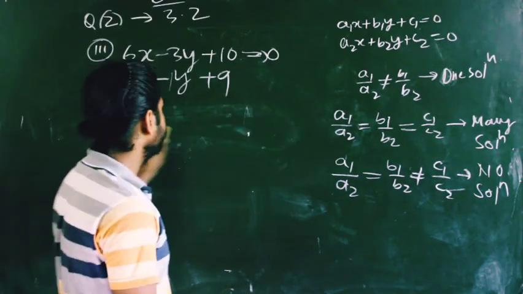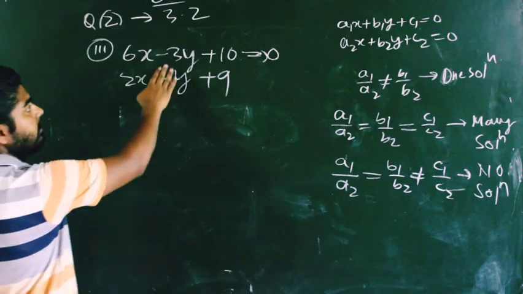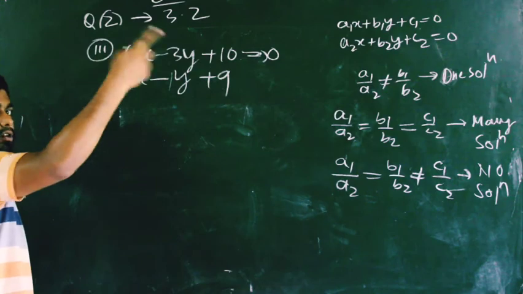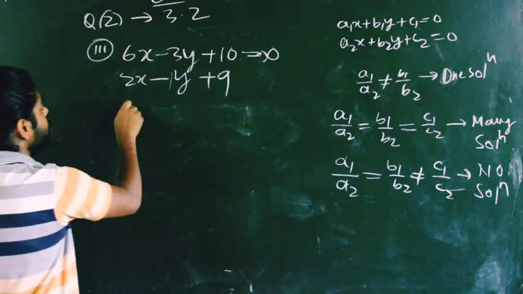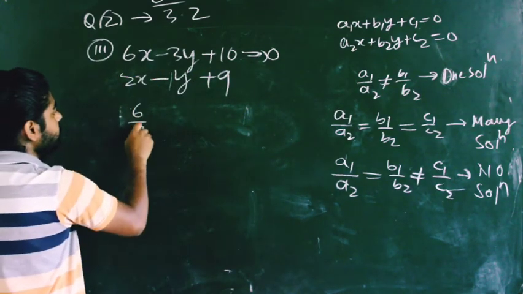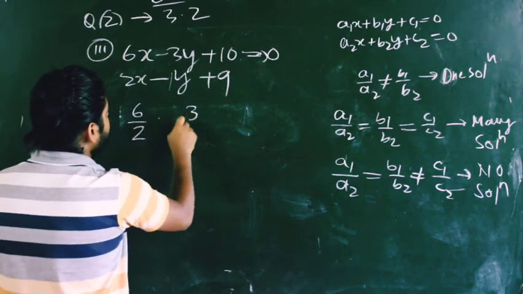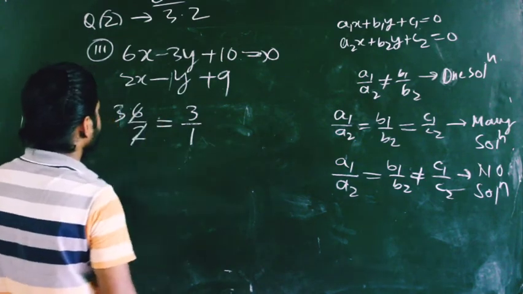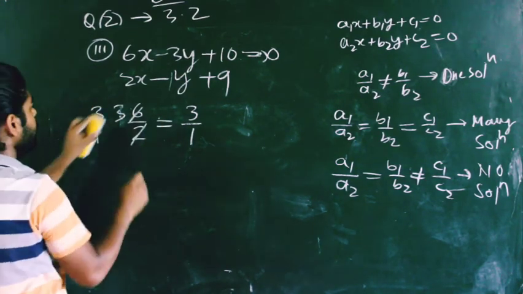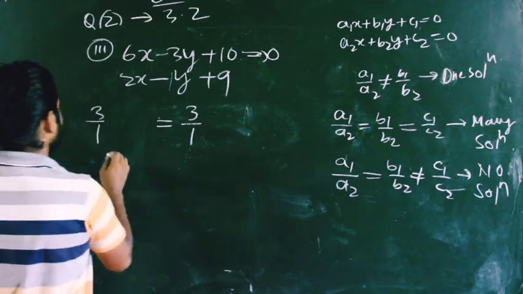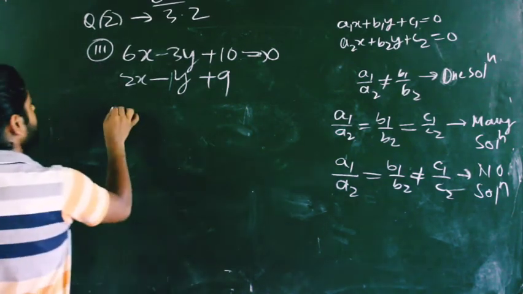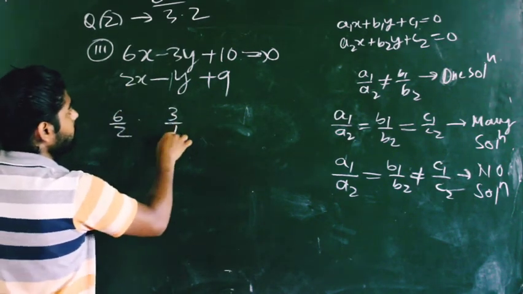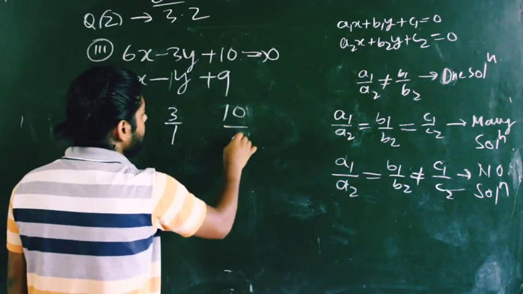Again I am saying, if you compare it with the standard value, there is a plus, here is a minus, so you have to take the constant value as minus. So a1 by a2, that is 6 by 2, which is 3 by 1, and b1 by b2 is 3 by 1, and c1 by c2 is 10 by 9.